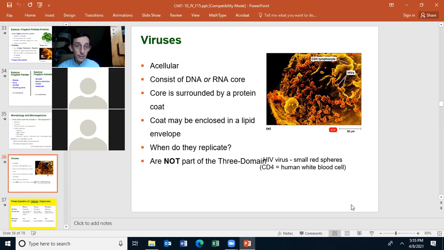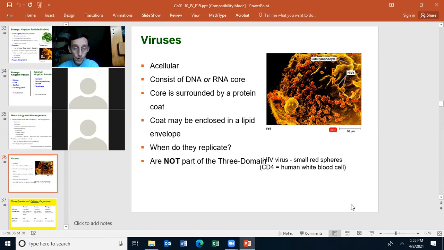Let's talk briefly about viruses. We will talk further about viruses near the end of the term. I think it's the second to the last chapter. But we just need to talk a little bit about them. Viruses are acellular, meaning they lack cells. They do have a genome that consists of either DNA or RNA, but not both. And that molecule is the core central molecule of the virus.